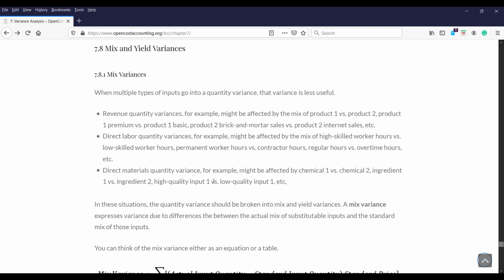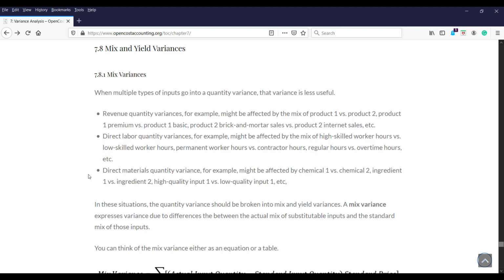In direct materials quantity, we might have multiple chemicals or multiple ingredients that go into a mix. A trail mix is a great example, with multiple different types of nuts and candies, and different inputs that might be different levels of quality.